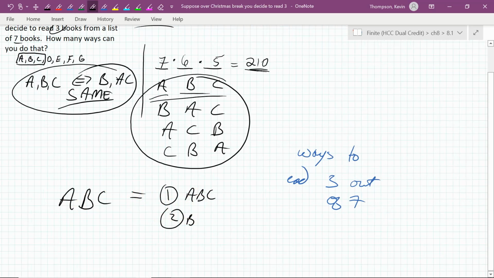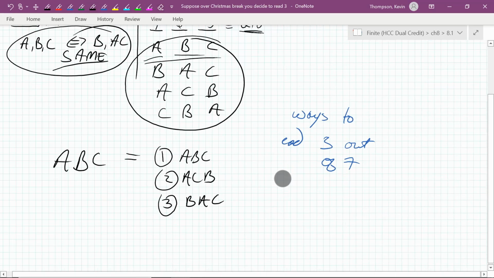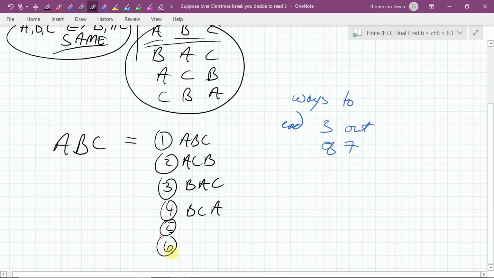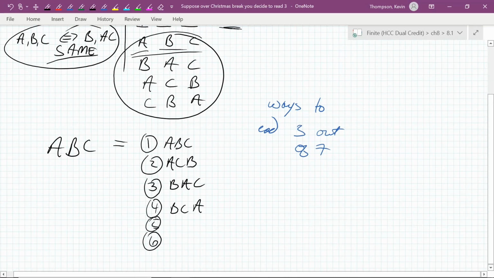The second way is ACB. I could read BAC. I could read BCA. How many are there? Talk to me. How many ways can I read those 3 books? 6 is the right answer.